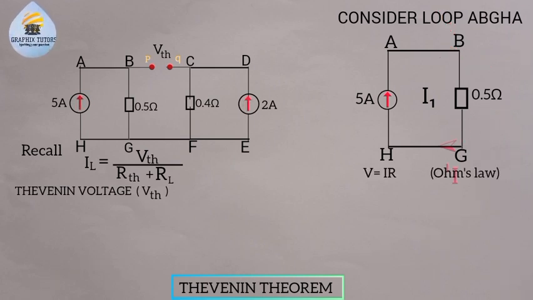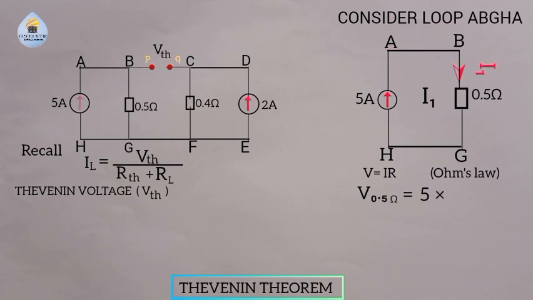V equals IR. The V we are looking for here is the voltage drop, and the voltage drop here is a result of the 0.5 ohm resistor. So I write V across the 0.5 ohm equals I, the current that is flowing through the resistor, which is 5, times the resistance of the resistor that we're looking at here, which is 0.5.